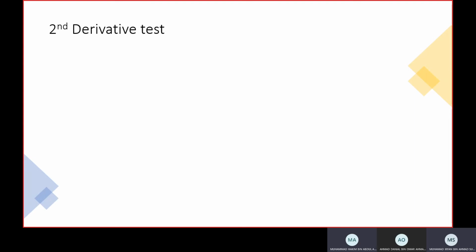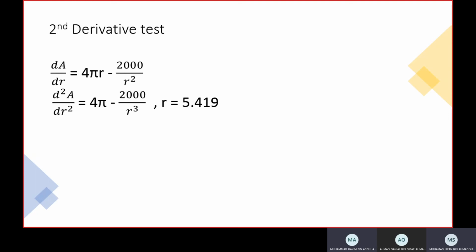As Daniel said, the second derivative test is used to determine whether the value is maximum or minimum. So we take the first derivative from the first step, 4 pi r minus 2000 over r squared, and differentiate it again to get 4 pi plus 4000 over r to the power of 3.